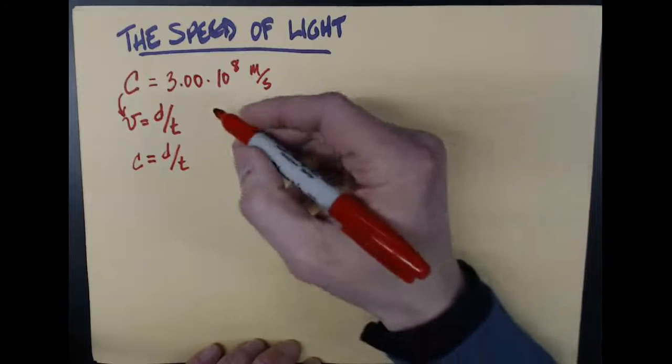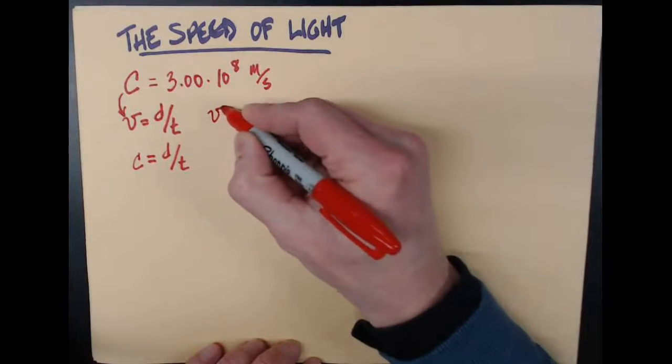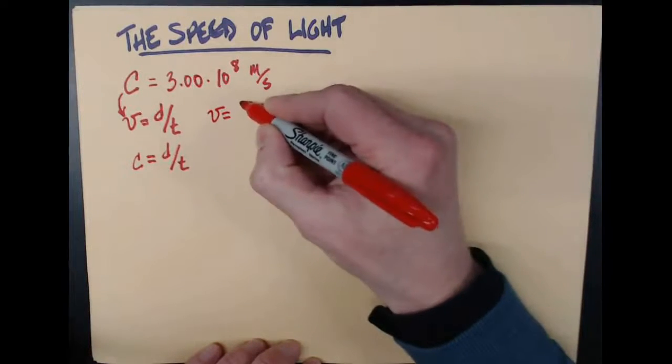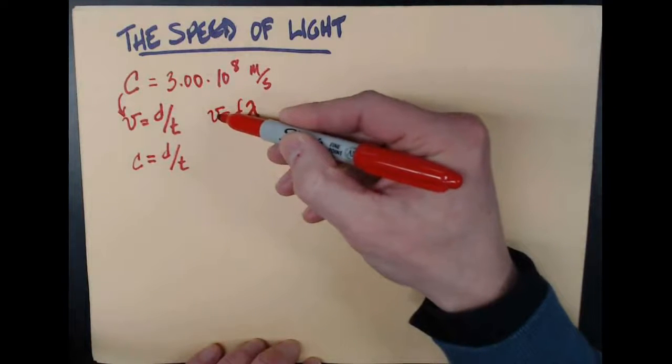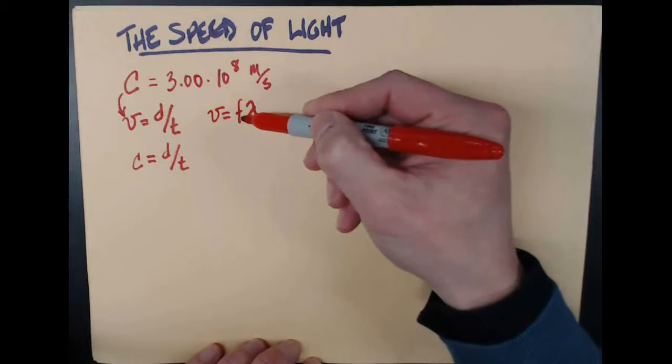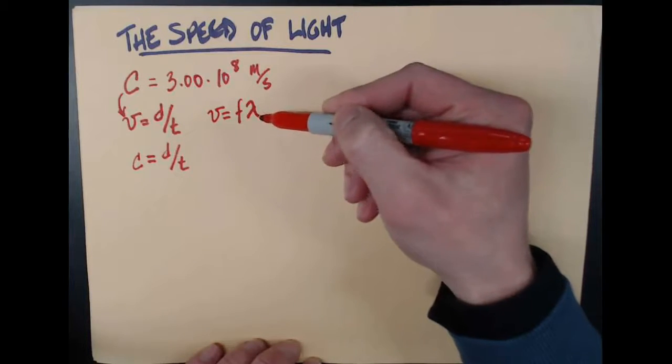Okay, the other formula is actually the wave speed formula, which we learned in Unit 8, which is v equals f times lambda, like that. The speed of a wave, v, is equal to the frequency of that wave multiplied by the wave's length.